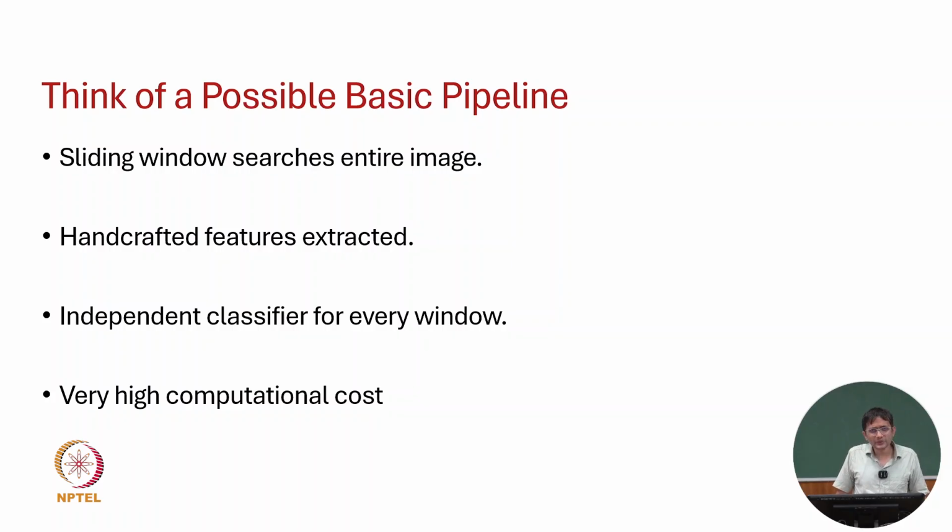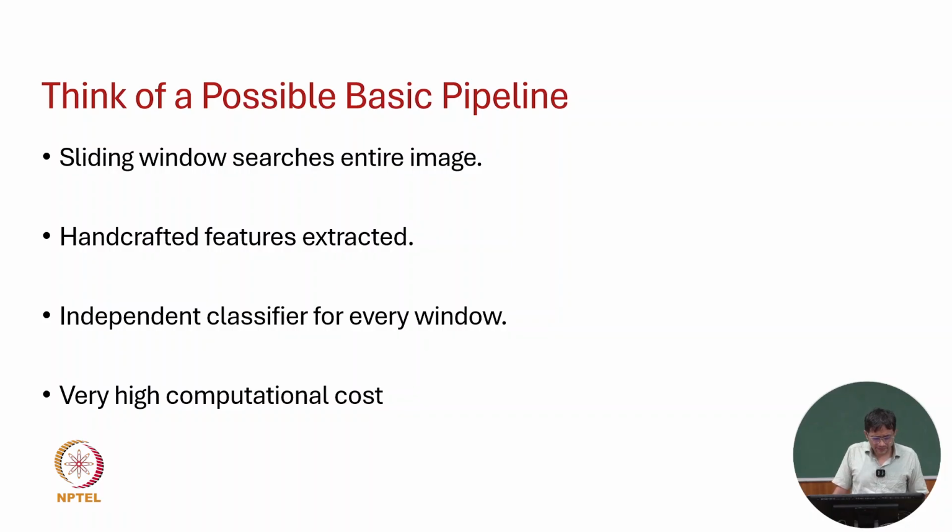So this is the window that you are sliding through the image, every time extracting features, and every time, for simplicity, let's say we are just interested in one object. Let's say this object is some kind of vehicle, okay?